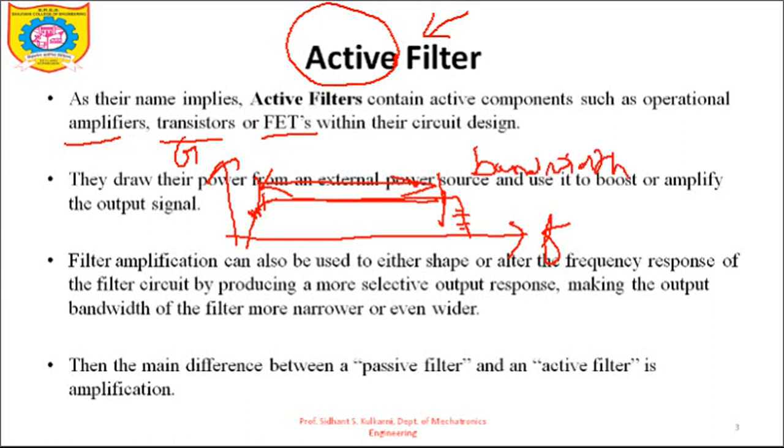So here filter amplification can be used to either shape or alter the frequency response of a filter circuit by producing a more selective frequency response, making the output bandwidth of the filter narrower. So if I want a narrow band filter, then the filter circuit should be able to provide the gain in a very narrow band of frequency.